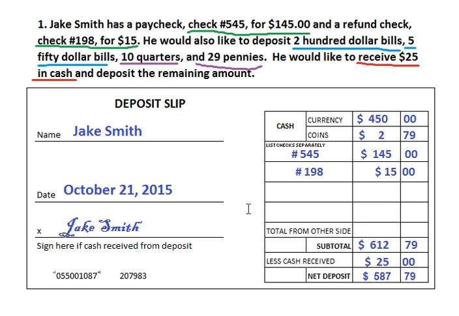Now, one way to help you remember that you always subtract at that point is right here. You see where it says less cash received? The word less is huge. Less means you subtract. If you even put a little subtraction sign right there, it's not that big of a deal. If it helps you remember it, that's fine. But 612.79 minus 25 means Jake is depositing $587.79.